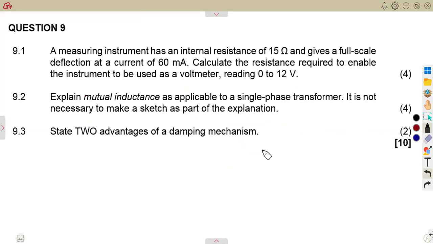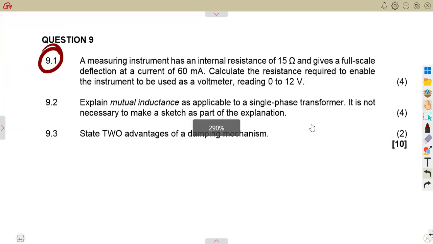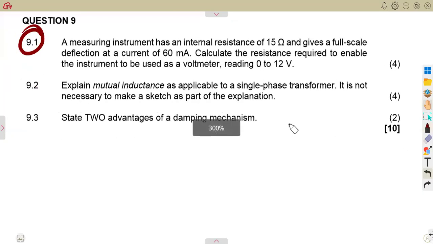I want you to go through each and every part that you're given there. On question number 9, a measuring instrument has an internal resistance of 15 ohms and, take note, it gives a full-scale deflection at a current. That is the major part. It is measuring current, you're talking of the ammeter shunt current.